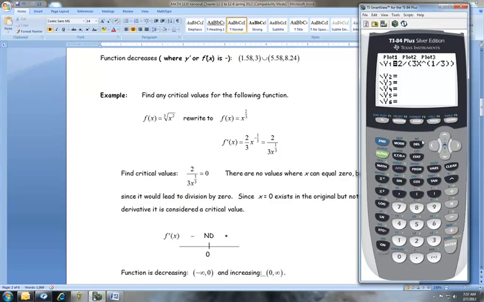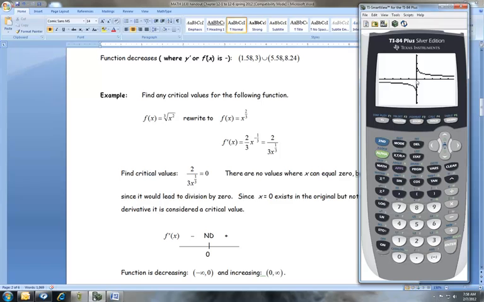I really messed up my window. To unmess it up, do zoom 6. Let's see what happens. Now this is my standard window, and looks like things are going on right in here. A lot of times if it looks like it's going within plus or minus 4 of the origin, I will do a zoom 4, which is decimal, and it gives me a prettier picture.